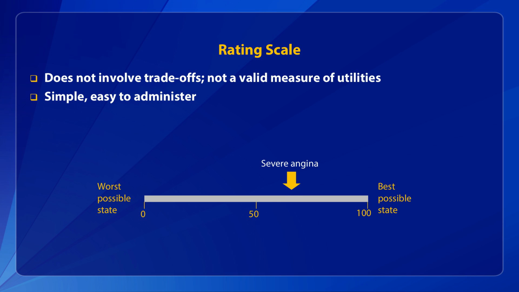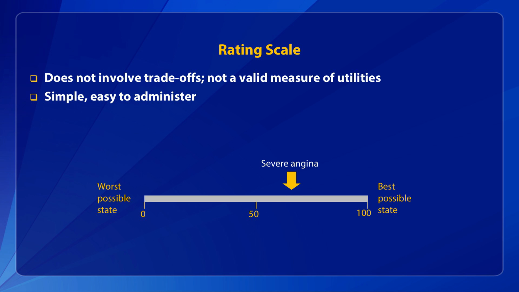There are several disadvantages, however. First is the anchoring effect. What is set as the best possible state and the worst possible state is subjective, creating an indexing problem. In addition, we can't make any interpretations about the numbers themselves, such as 88 versus 60, because of the ordinal scale.